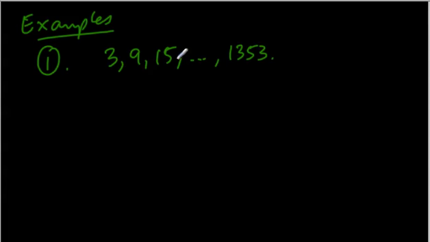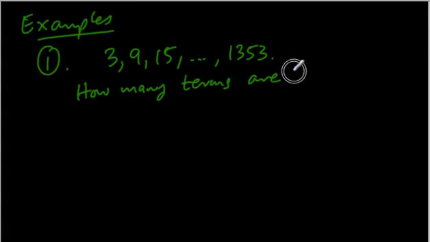So for this sequence, how many terms are there in this sequence? Right now we can see there are at least 3 terms, but there are so many unfilled, so we have to find out what position this last one belongs to. So let's go over the general equation again.